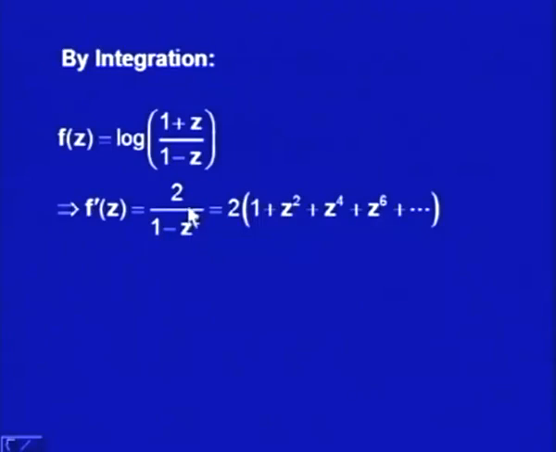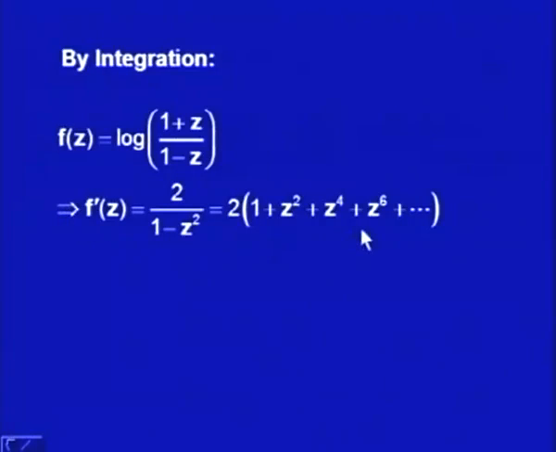We know that 1 over 1 minus z square can be expanded in this form. So, we write 2 over 1 minus z square as 2 into (1 plus z square plus z raised to power 4 plus z raised to power 6 and so on). This is my f dash z. So, from this series I can obtain f(z) by integrating it, and I apply term by term integration of the series.